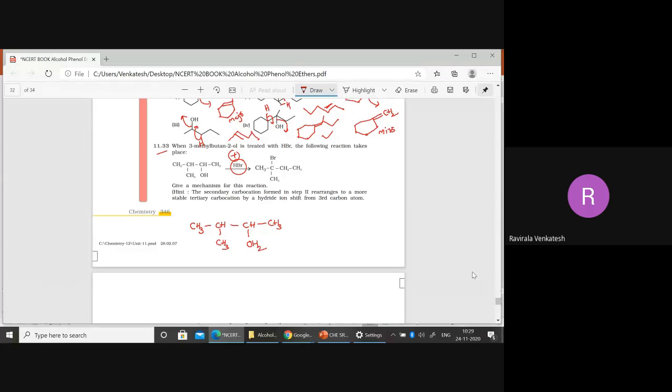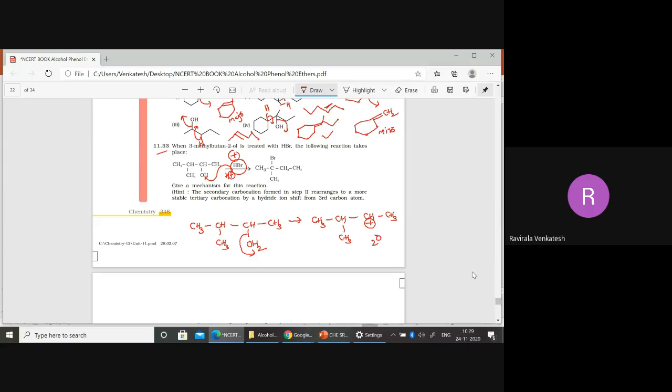The H plus goes to the oxygen, so we get OH2 plus. Now this OH2 will be removed, so we get CH3, CH, CH3, CH, CH3 with a positive charge.